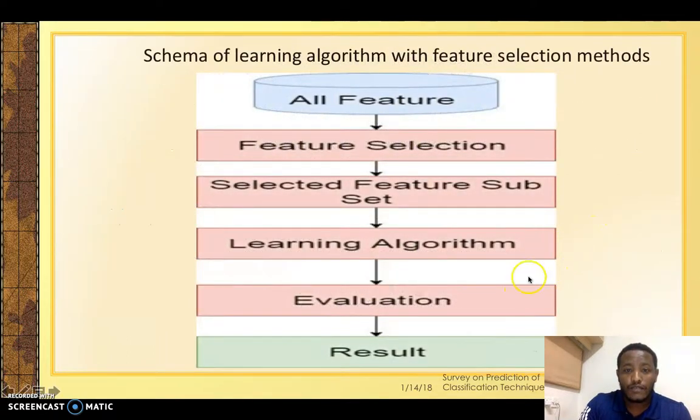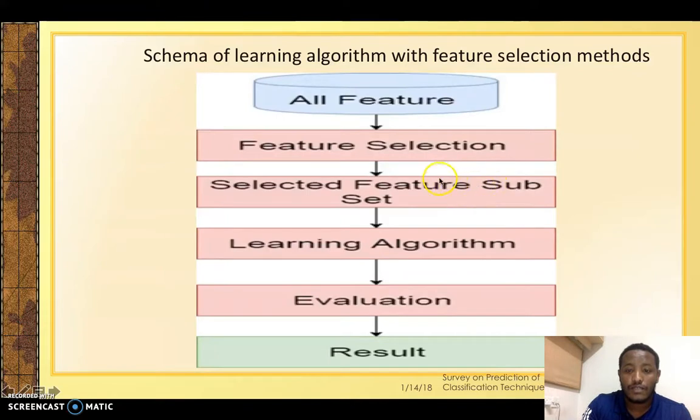We'll explain feature selection with this diagram. All features start in a database. Feature selection selects useful features from the data sets. After that, we get a subset of features.